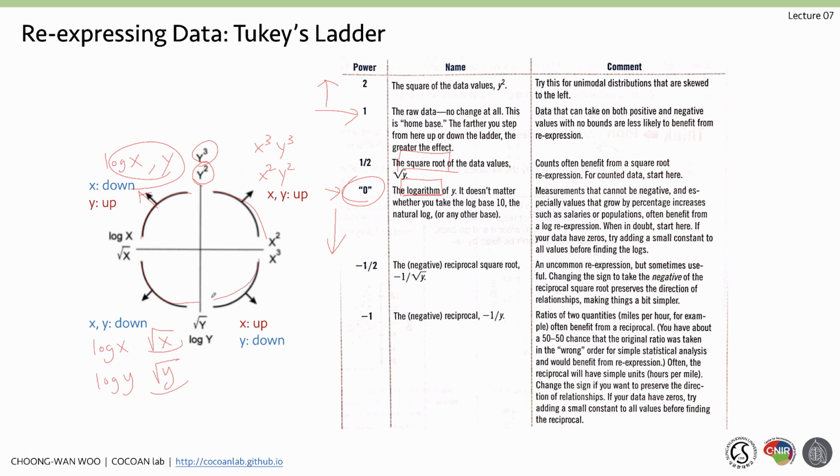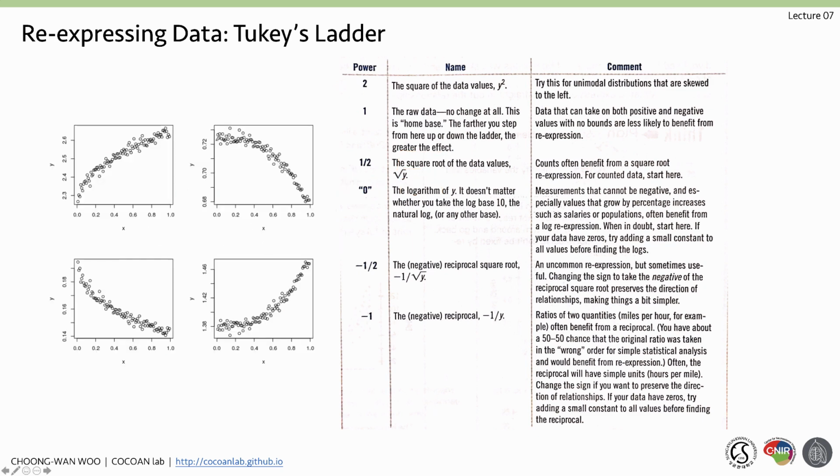If your data has this shape, you can increase x and decrease y, like log. So you have to know which shape your data have, and then go up or go down on the Tukey's ladder. I said that this is a reference point, this is raw data, home base, and then you can go up or go down.